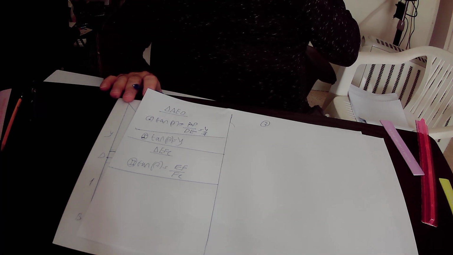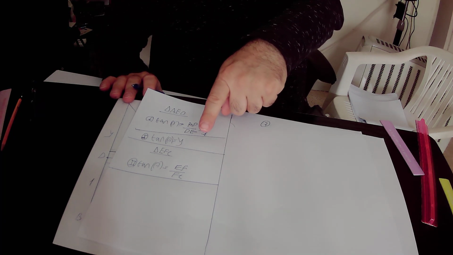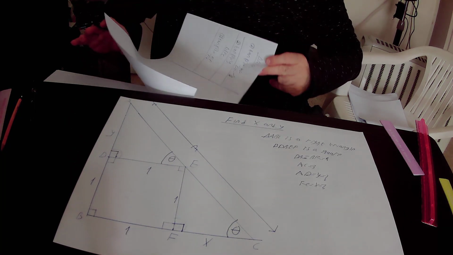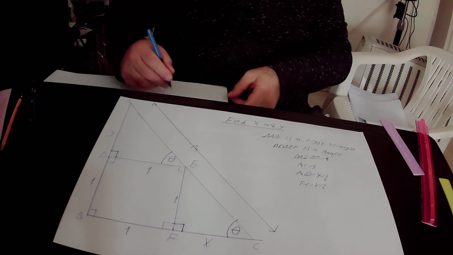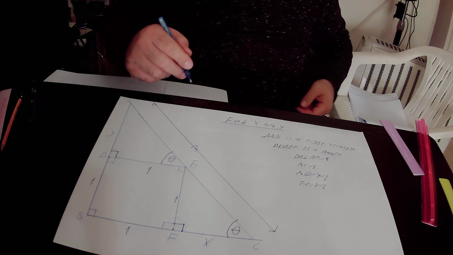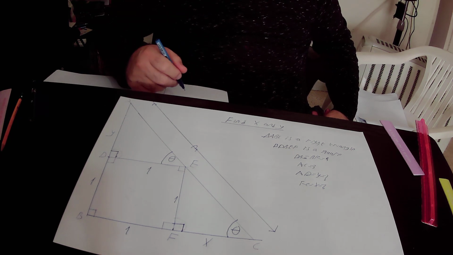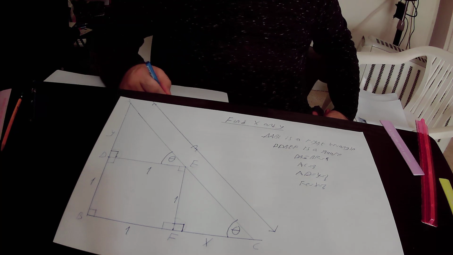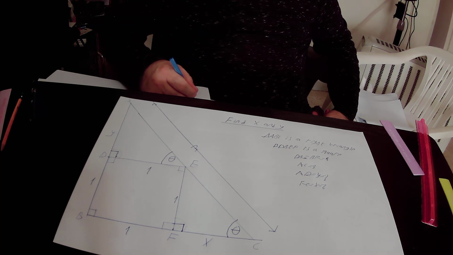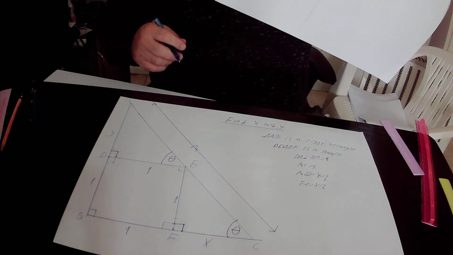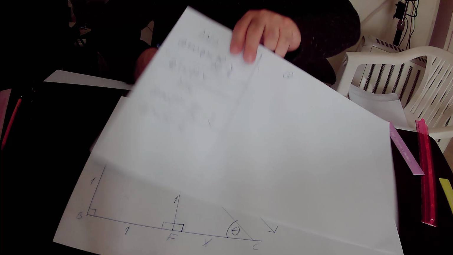I repeat again, in the right triangle, triangle EFC, we know that tangent theta equals EF over FC. EF equals 1 unit, and FC equals X. So in conclusion, we found out that according to equation number 2, tangent theta equals 1 over X.